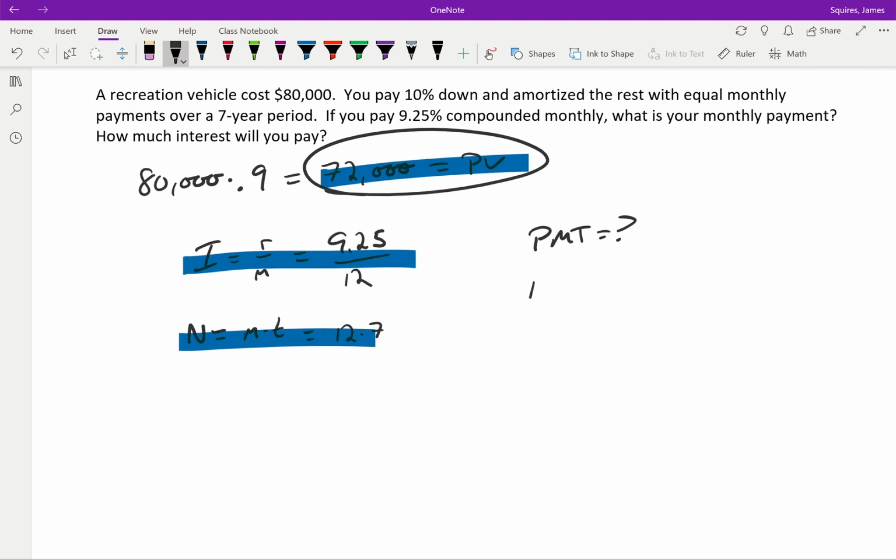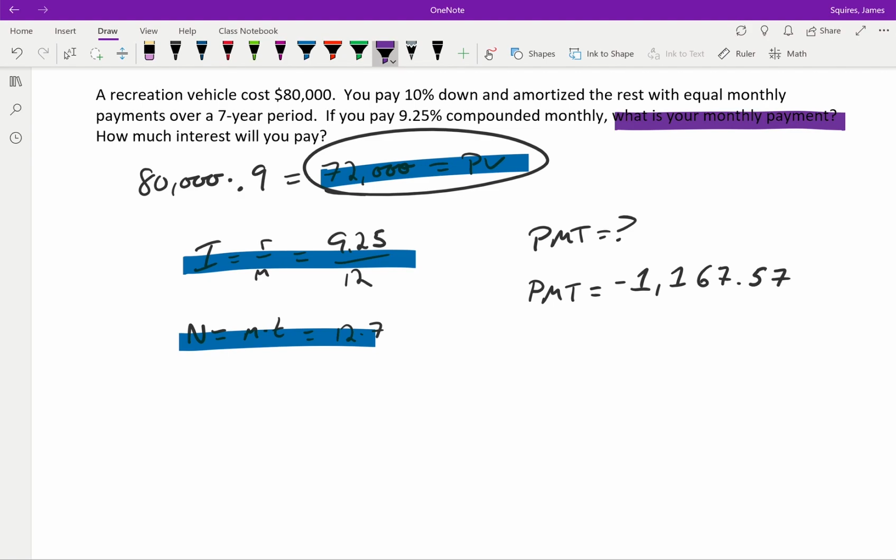We calculate for PMT, and we get PMT equals negative $1,167.57. So our monthly payments will be $1,167.57. It's negative because that indicates we are losing, we have to give up that much money each time period. So that was the first question.